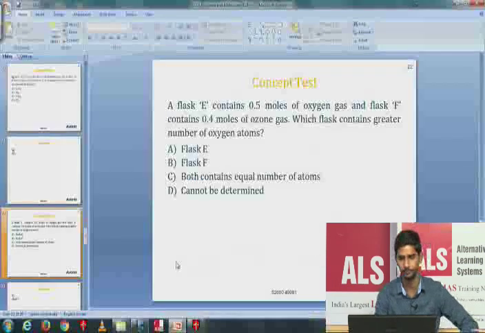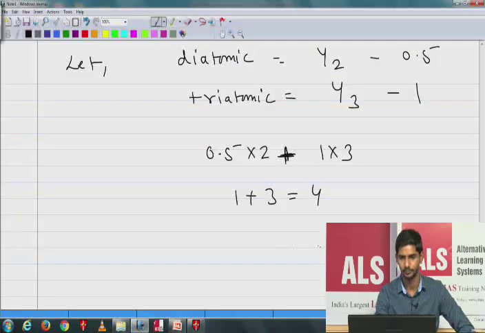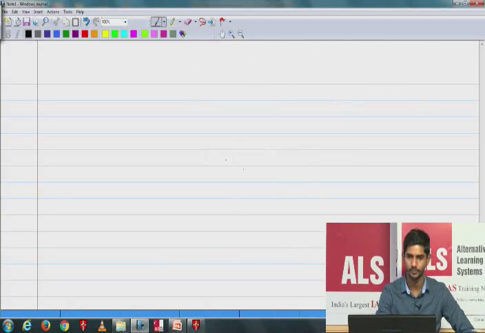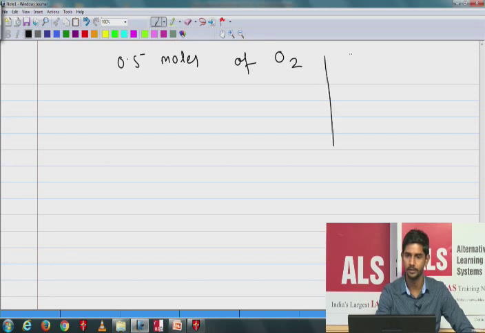Check out. They are saying 0.5 moles of O2 and 0.4 moles of O3.